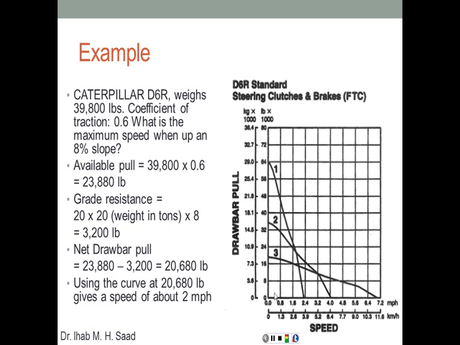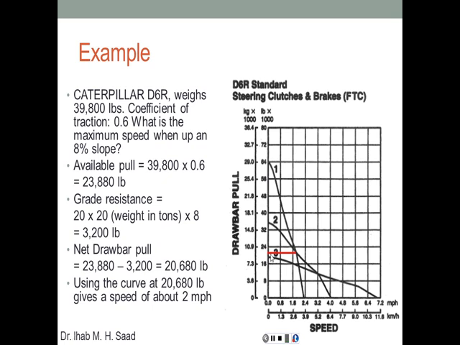So we're going to go here and look at this. By the way, it's either a four-wheel or it's on tracks. In this case, I believe it's on tracks because we're using drawbar pull and not rim pull. So the net drawbar pull is 20,680. We're going to go along this axis here, 20,680, which is about here.